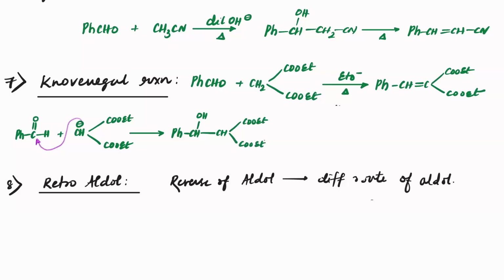And this on heating, we will get Ph-CH=C(COOEt)(COOEt).